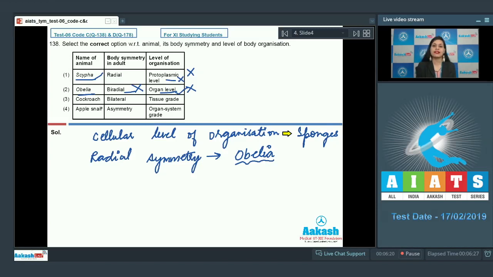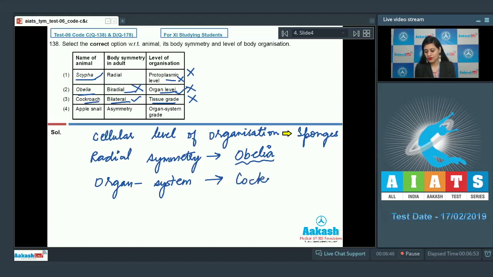The next match given is cockroach, bilateral symmetry and tissue grade organization, and this is an incorrect option because cockroach, which belongs to the phylum Arthropoda, exhibits bilateral symmetry but exhibits organ system level of organization.